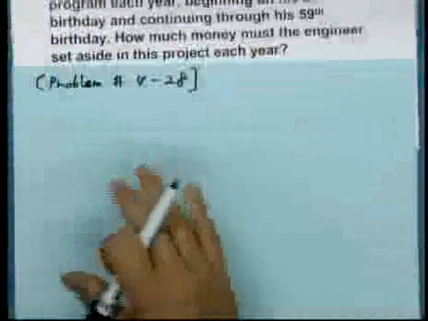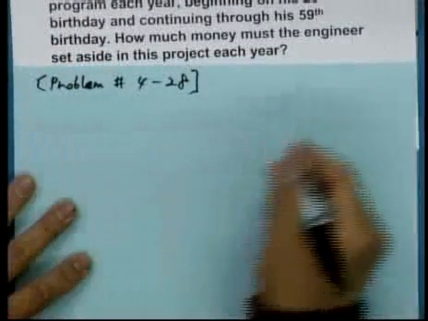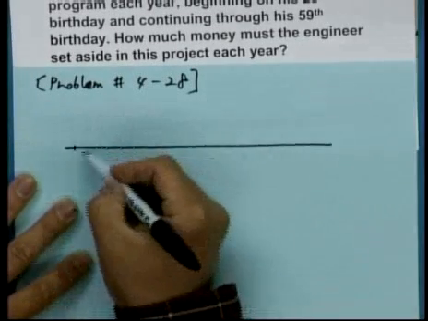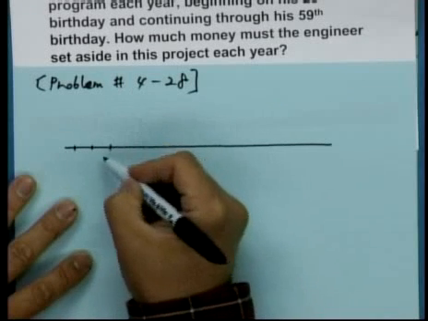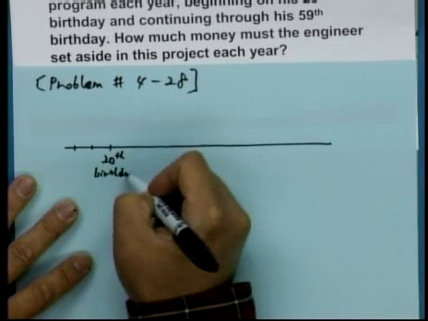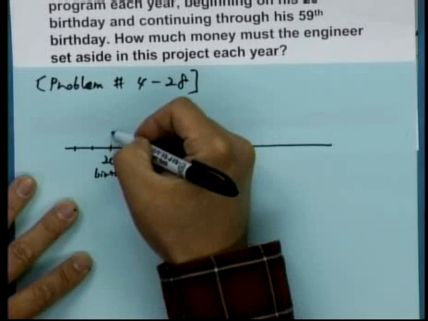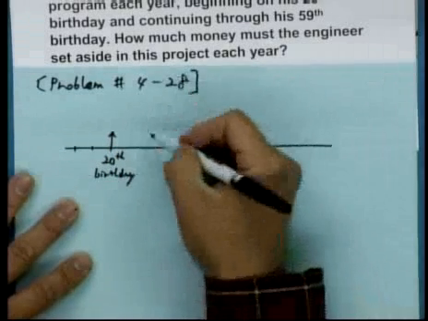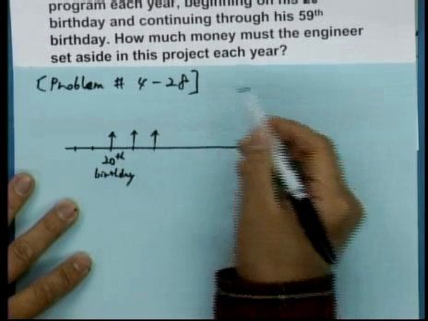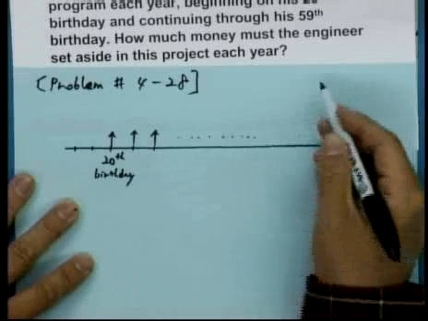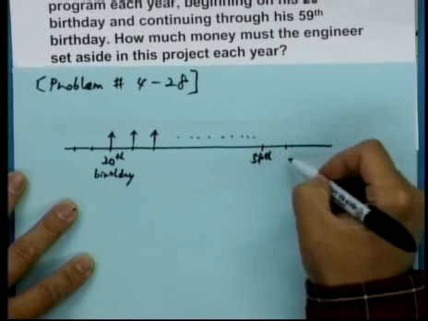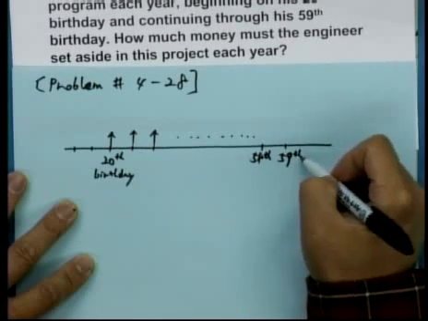So starting from his 20th birthday, so let's say 20th birthday, he starts investment. Okay. Up until his 59th birthday, right?